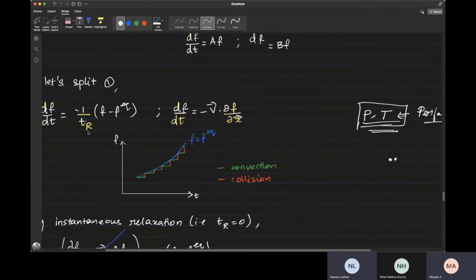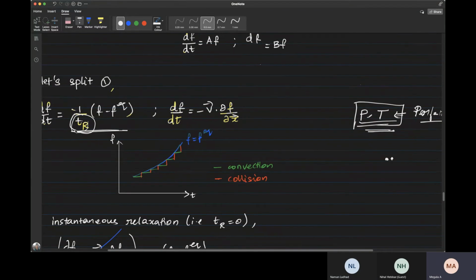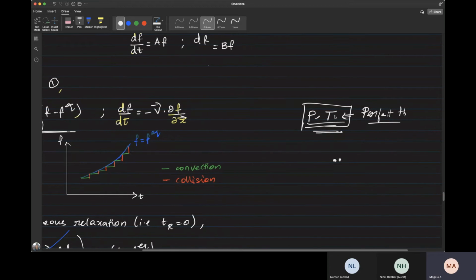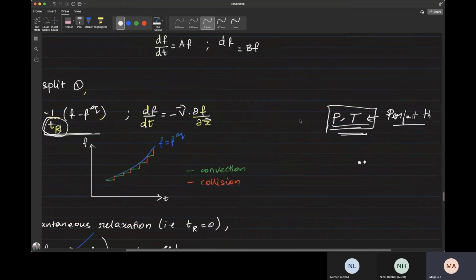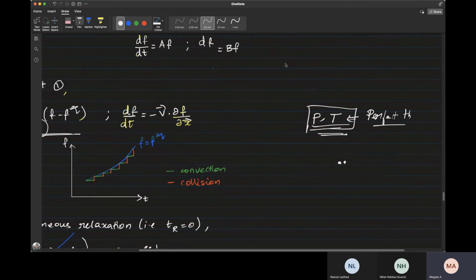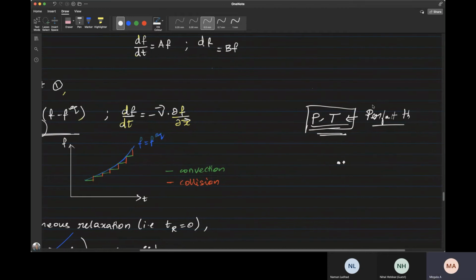Okay, ma'am. It has something to do with this relaxation time, TR. So, at a different scale, this process of thermodynamic equilibrium is happening at a much smaller scale. Your system is being driven to equilibrium in a very small time. When we say that your system is in equilibrium, only then you can measure these variables, pressure and temperature.